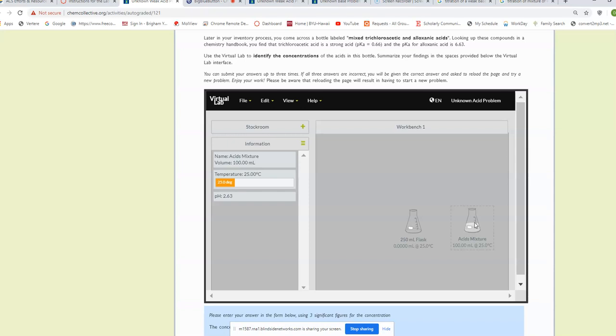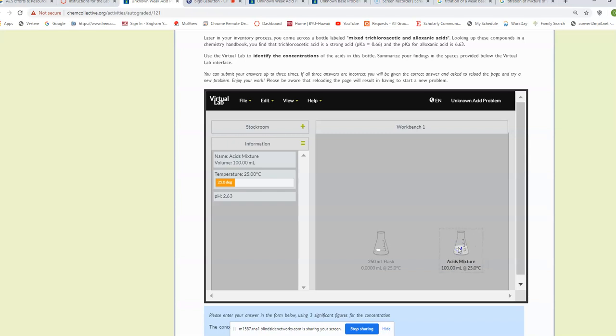Okay. I'm trying to decide how much acid mixture I want to put in, and if there's a better way to perform the titration. I want a little bit higher than 0.1 molar is the problem. I want a little bit higher. I can just add less of this stuff.